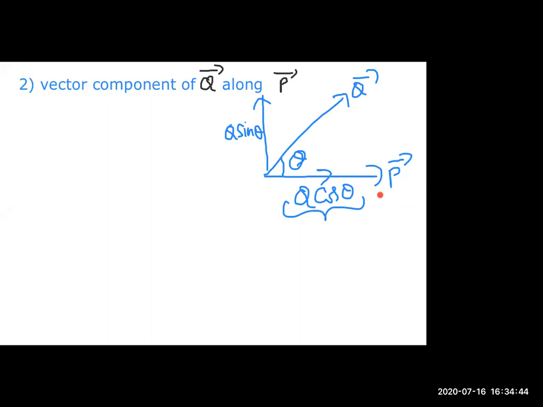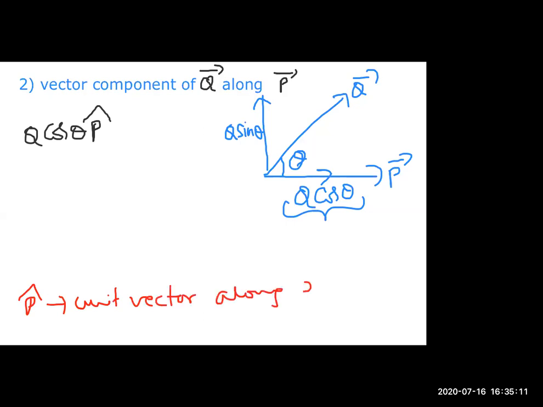Only Q cos theta, if I write, is called a magnitude. But if I multiply by P cap, what is P cap? P cap is a unit vector, unit vector along P bar.